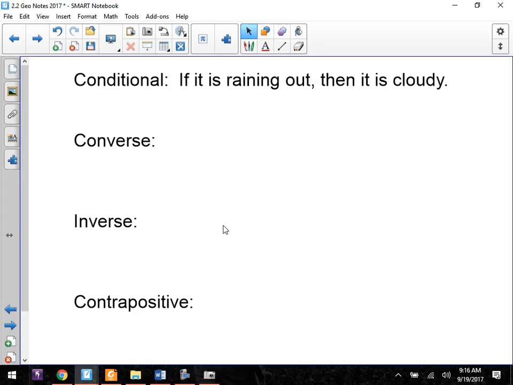Okay. Conditional: if it is raining, then it is cloudy. Well, I think Josh, that's kind of where you're getting it. Sometimes it's raining in one spot, but the sun's out over here, so it could be partly sunny. So how about we say this is true-ish?